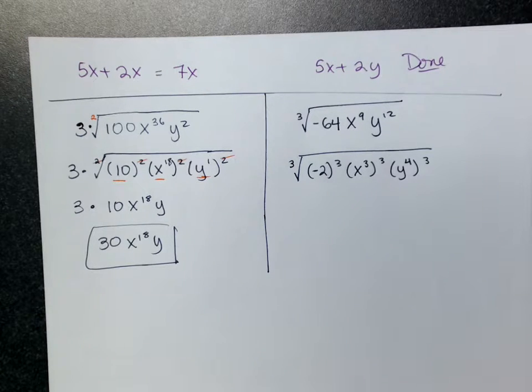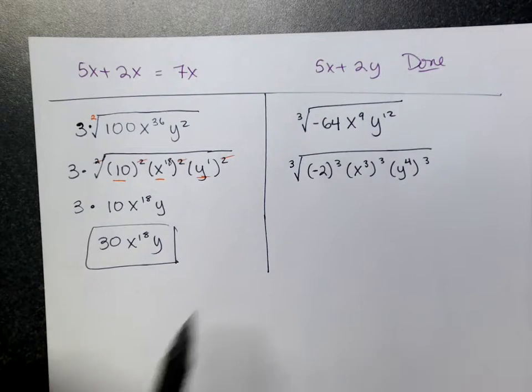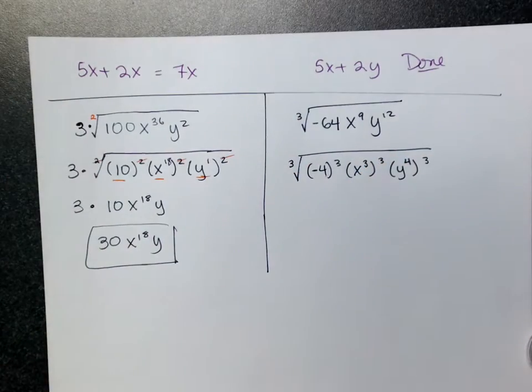Because 2 times 2 times 2 is 8. It is negative, however, it is not 2, it is 4. Yes. Yeah, 4 times 4 times 4 is positive 64, negative 4 times negative 4 times negative 4 is negative 64.